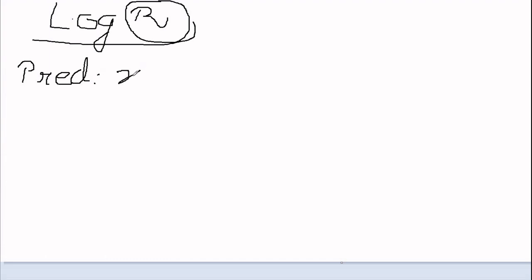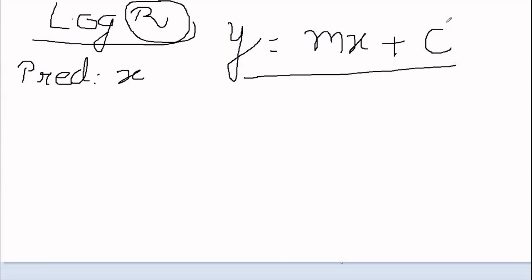Even in linear regression, what we do is we have the linear regression expression as y equal to mx plus c, right? Or b, there are many forms of this equation.